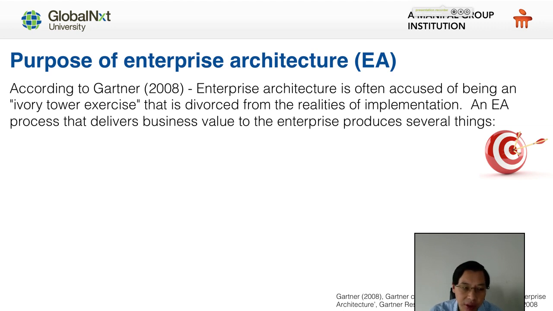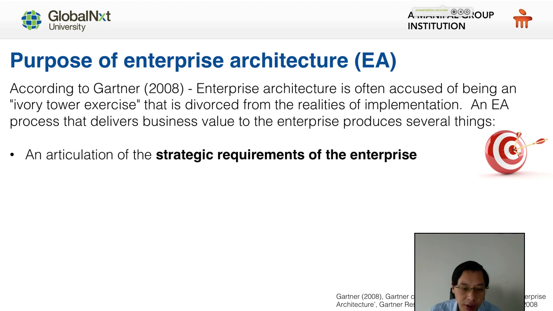So with enterprise architecture, it is a process, and we're trying to deliver business value in several ways. Firstly, we're trying to find a way to articulate what the strategic requirements of the entire organization are.